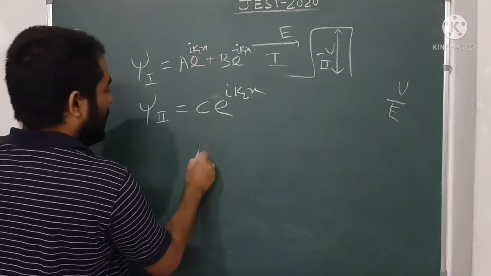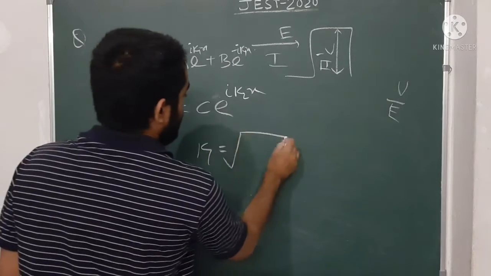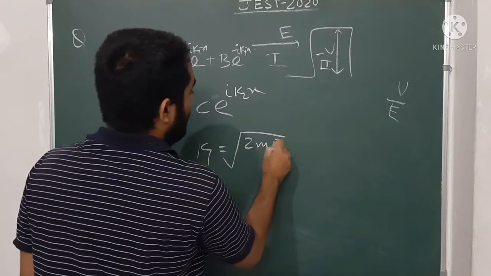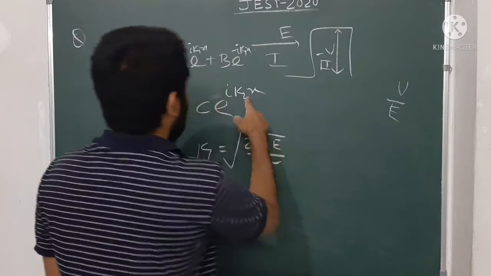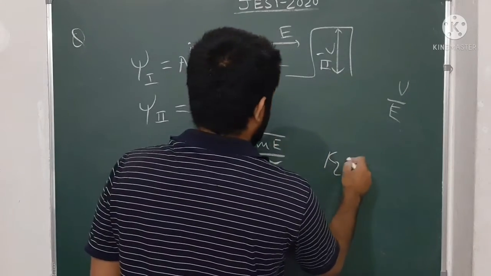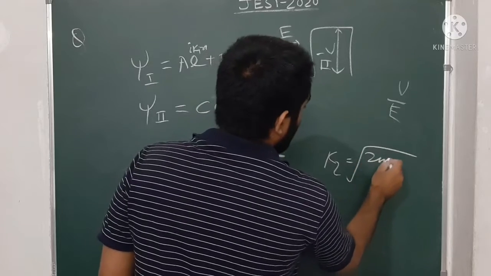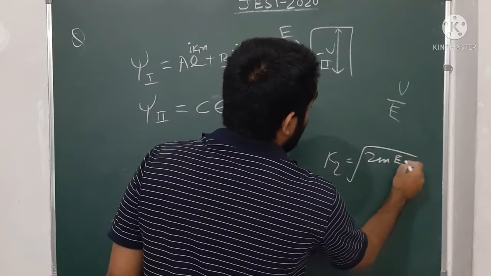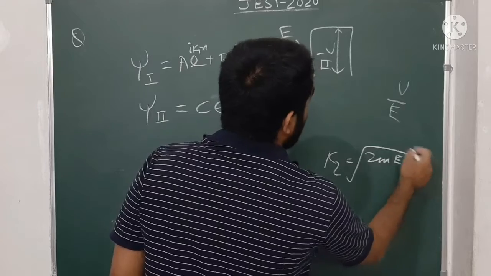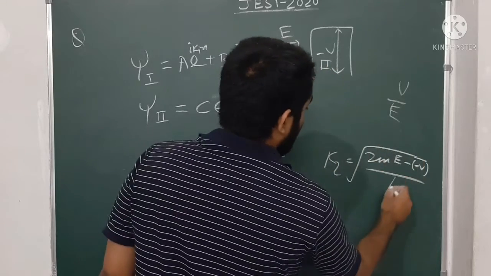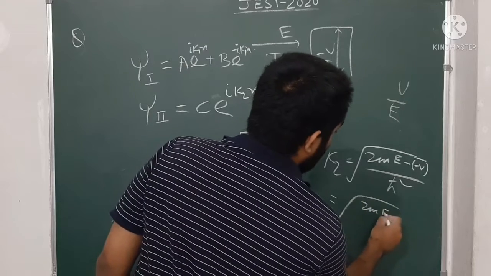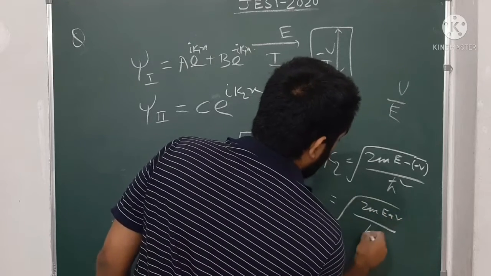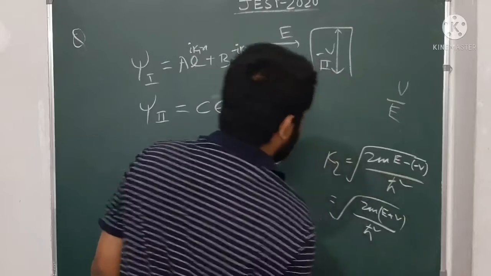So here k1 is root over 2mE by h cut square, and here k2 is root over 2m(E minus of minus V) by h cut square, that means 2m(E plus V) upon h cut square.